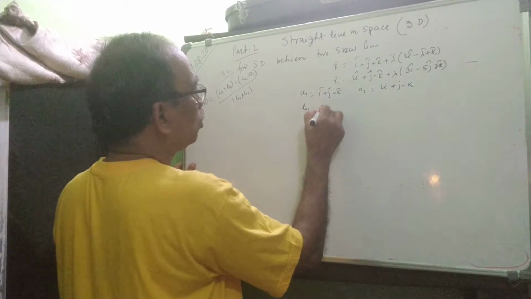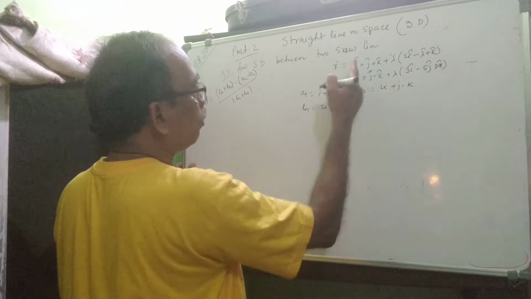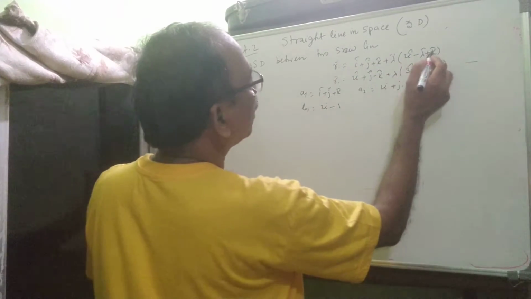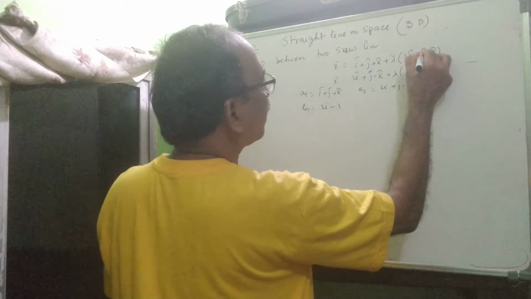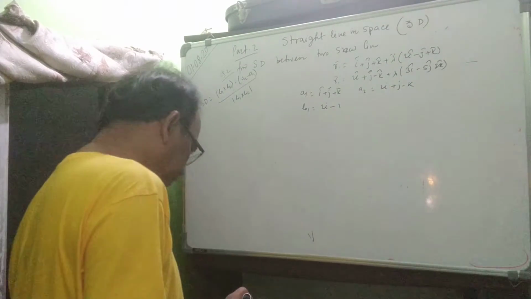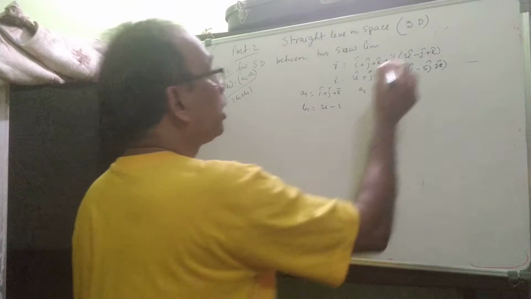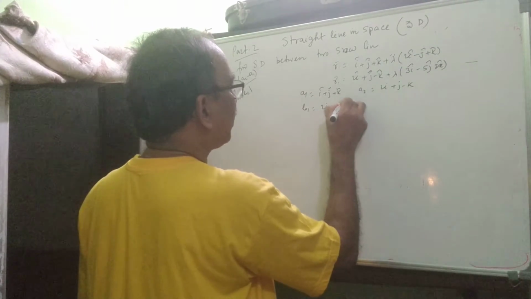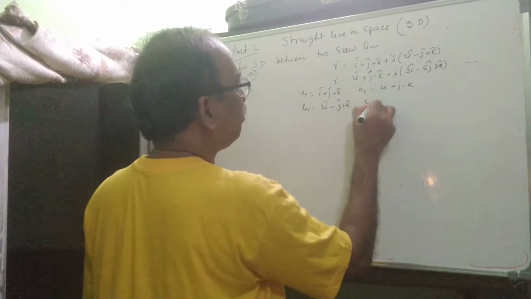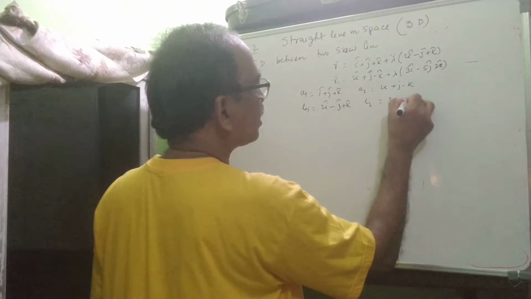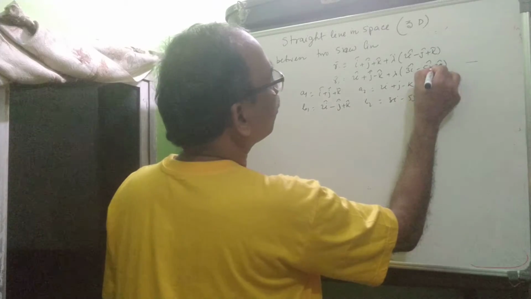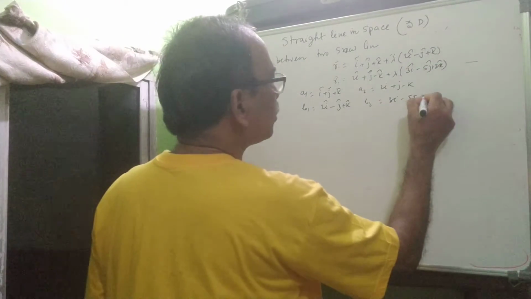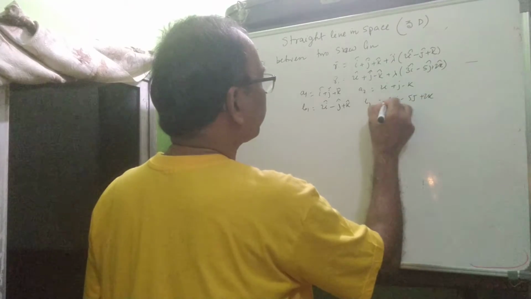B1 equals 2i - j + k, and B2 is 3i - 5j + 2k.